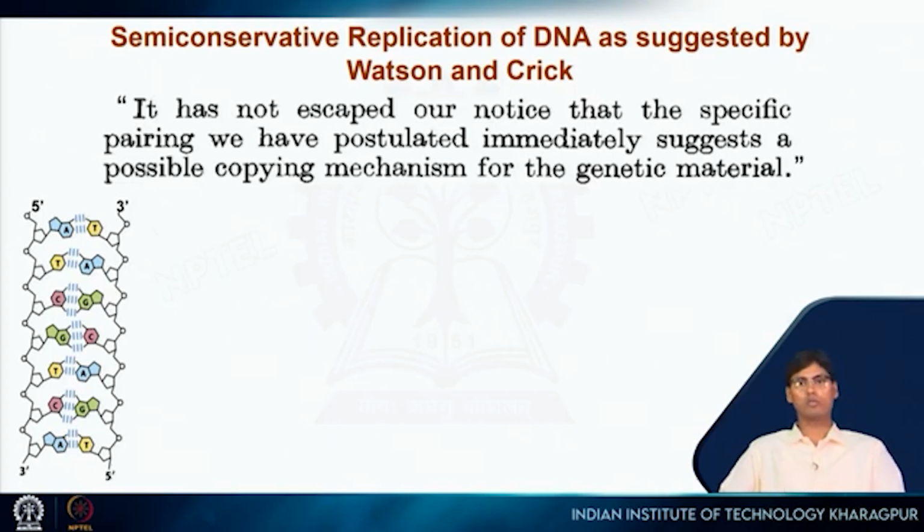All those things were known. The major important thing of the Watson-Crick discovery is the specific base pairing in the double helix structure: A always base pairs with T and G always base pairs with C.